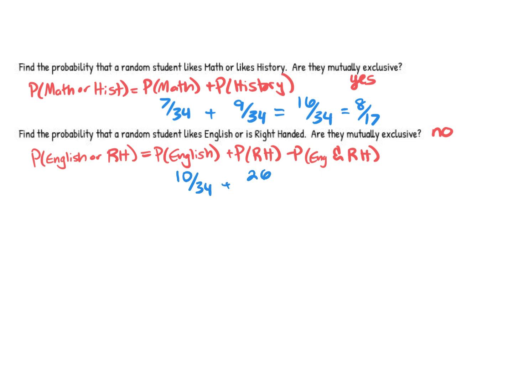Right-handed was 26 out of 34. And then there were 7 out of 34 that enjoyed both English and were right-handed. Oops, that should be a subtraction, not an addition there. So they're all over 34, so we look at their numerators. 10 plus 26 is 36, minus 7 is going to give us 29 out of 34.